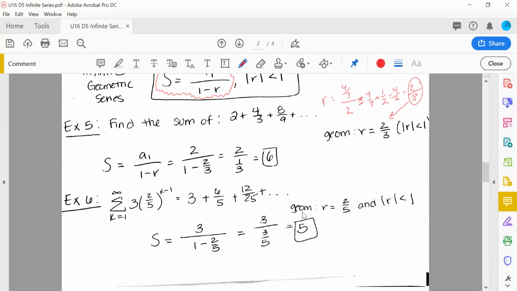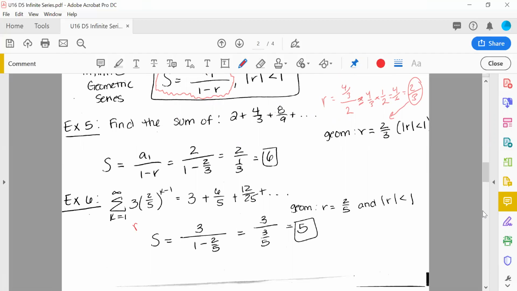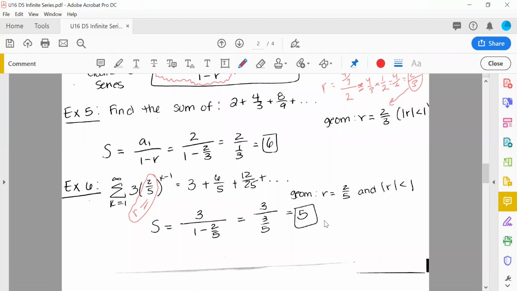Let's do example 6. Find the sum to infinity. All right, and so right off the bat, I know that R equals 2/5, because whenever you're raising something to a variable exponent, you know it's geometric. 2/5 is between positive 1 and negative 1, so just plug and chug.